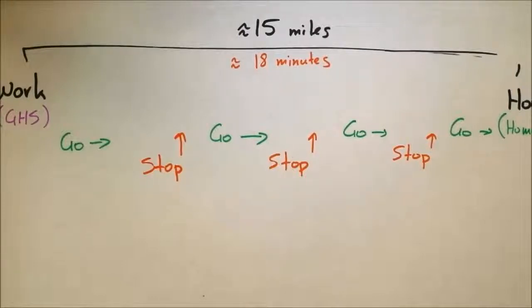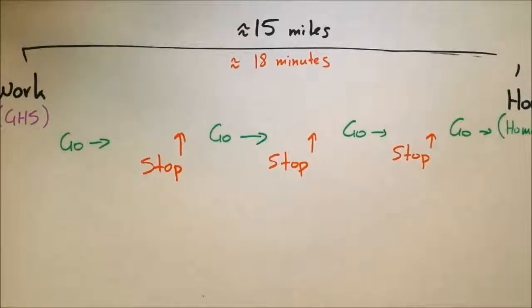Now, I can easily calculate that by dividing distance over time to get my speed. This would be my average speed. So I take the distance, 15 miles, divided by the time it takes me, 18 minutes, and I get 0.833 miles a minute, which is a weird measurement.